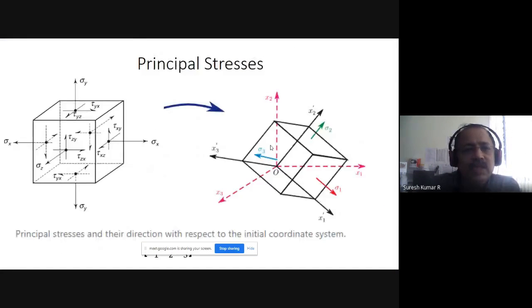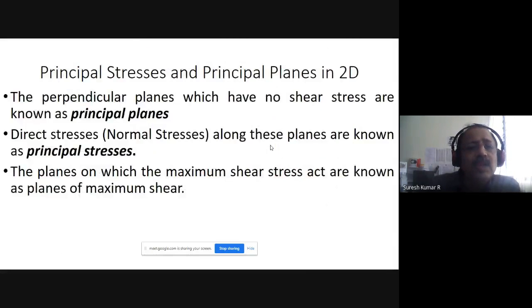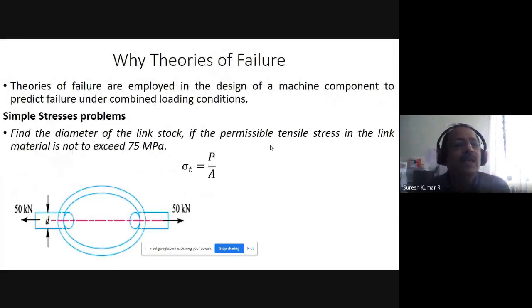Now, in that sense, let me take one example here. Find the diameter of a link. If the tensile stress in the link material is not to exceed 75 MPa, determine the size.